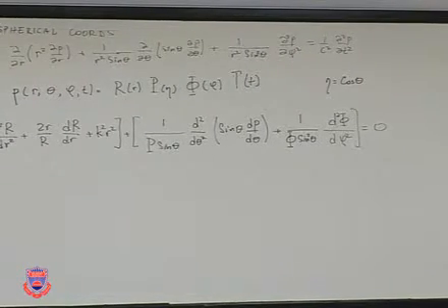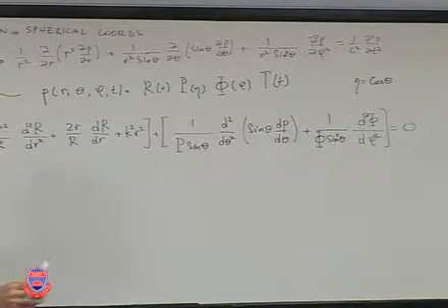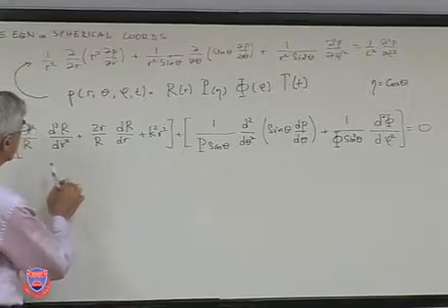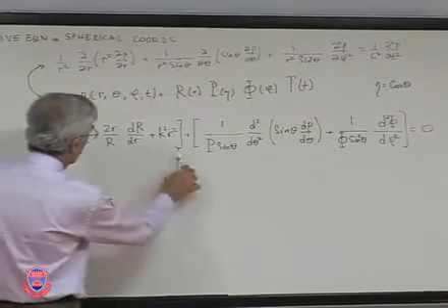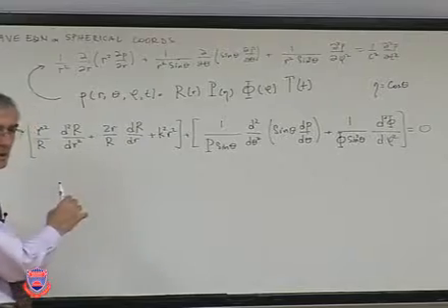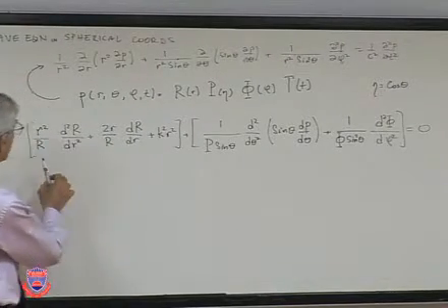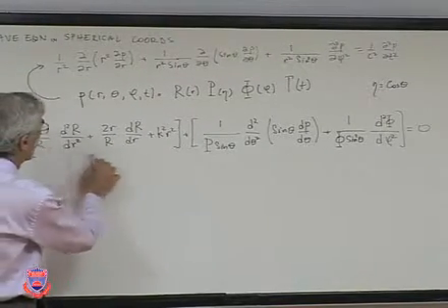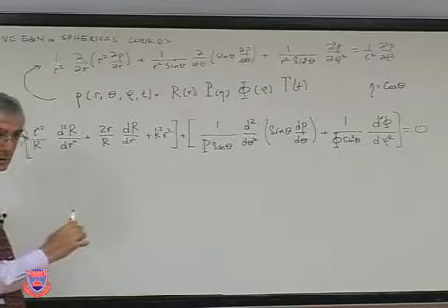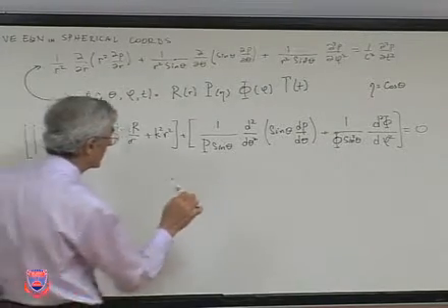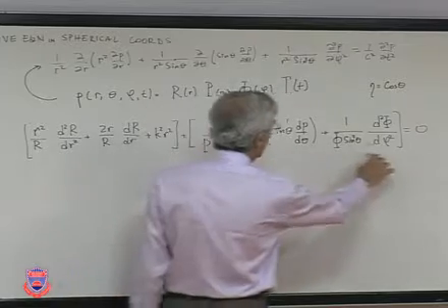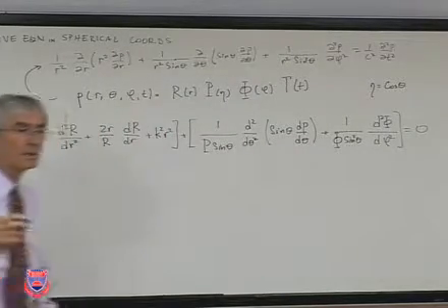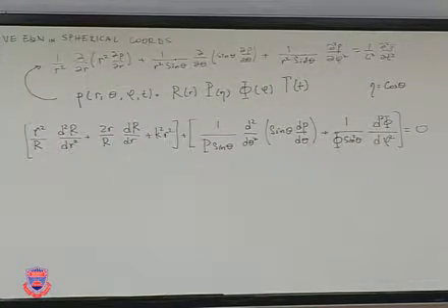What I want to point out here, just for a moment, is the first set of expressions in the first bracket are all R-dependent. They just depend on the radius. And in the second one, you can see they depend on the angles, but both of the angles.